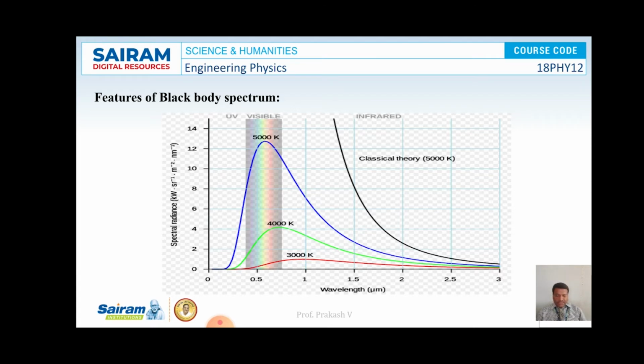There are different curves for different temperatures. For a particular temperature, the intensity of radiation increases up to a particular wavelength and then decreases with further increase in wavelength. As the temperature of the black body increases, the peak of the curve shifts towards the shorter wavelength end. That is the observation that you can see in this graph.